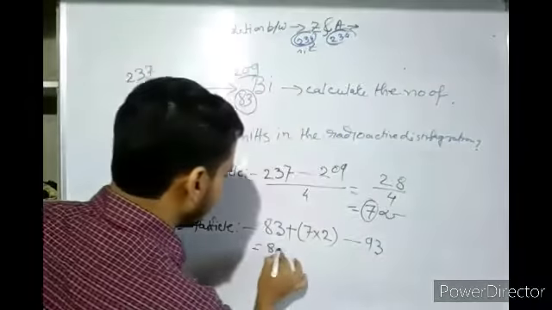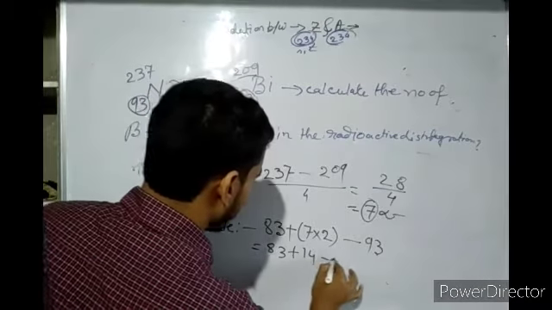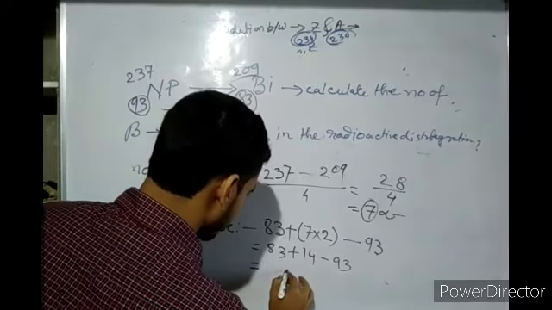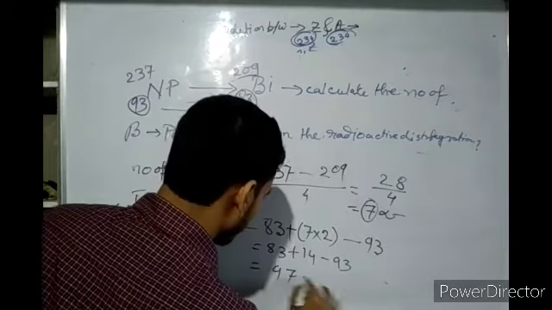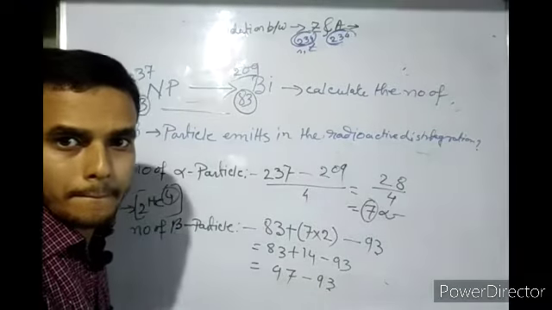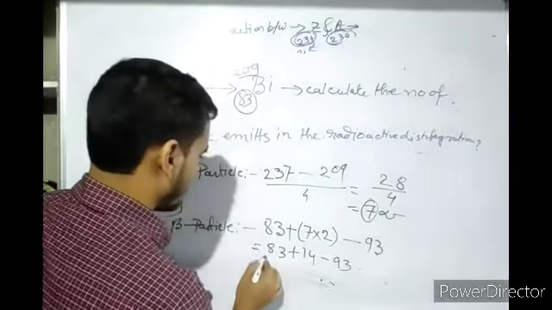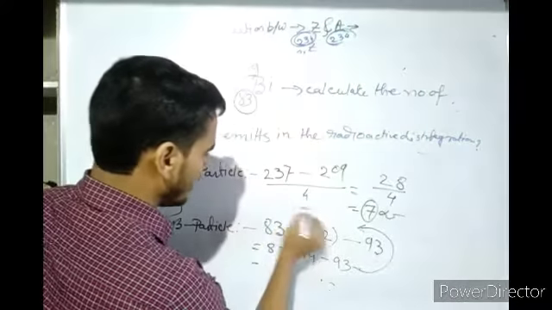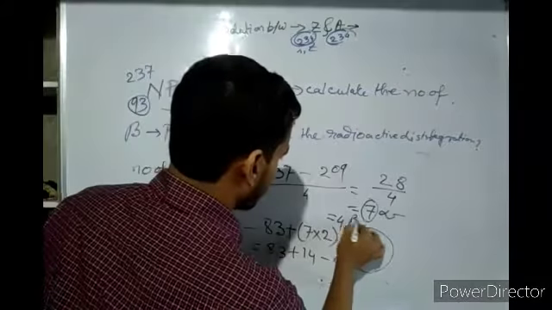It means 83 plus 14 minus 93, that is 97 minus 93 equals 4 beta particles.